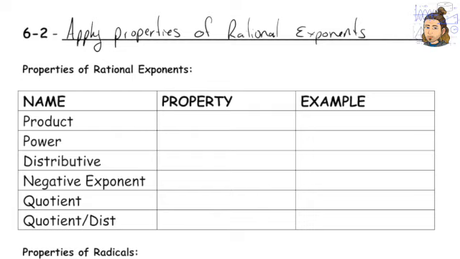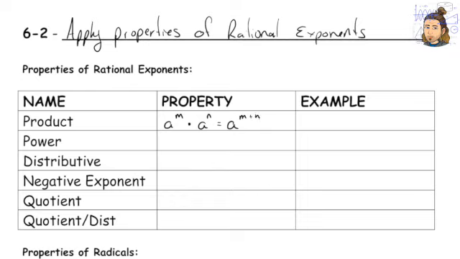So when we look at a product, that means multiplication. So we can take a to the m, and if we multiply it by another that has the exact same base but can have a different exponent, we're just going to keep the base the same and then add the exponents.